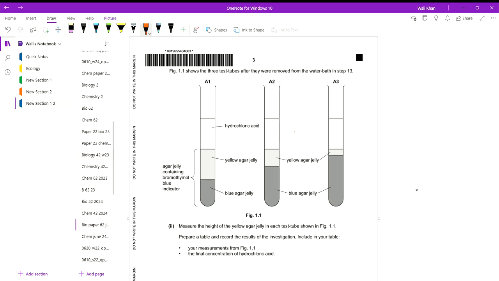And we add 10 cm³ from each beaker to the test tube. Now measure the height of yellow agar gel.